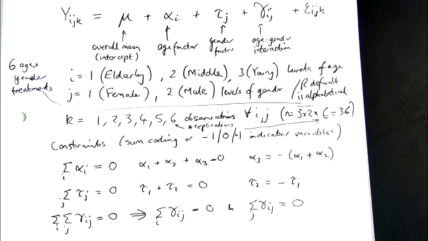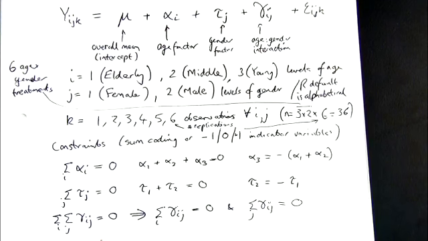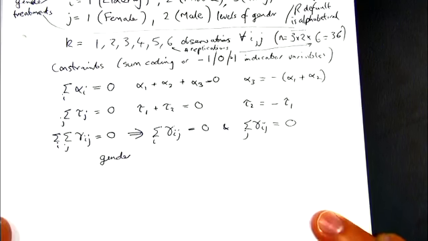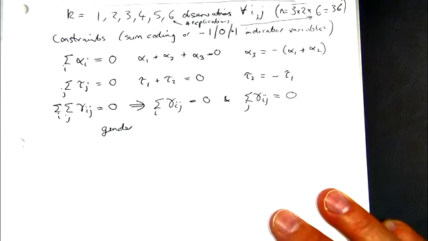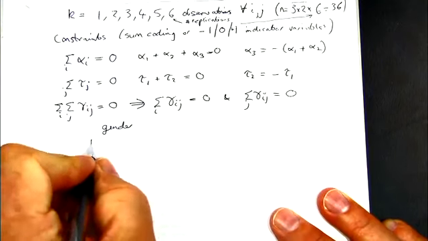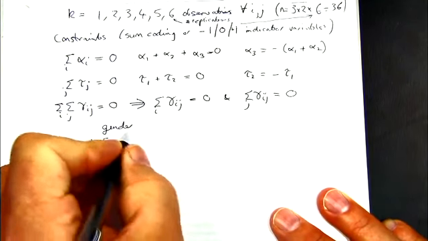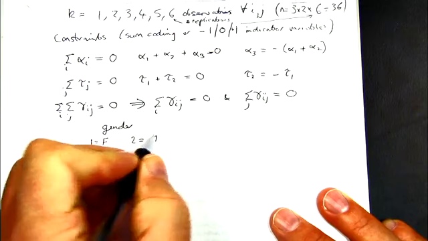What do I mean by that? Well, let's think about the setup here. We've got gender. One equals female, 2 equals male.